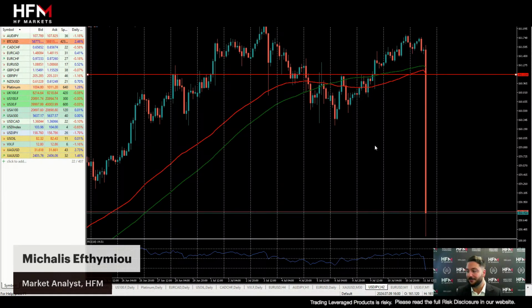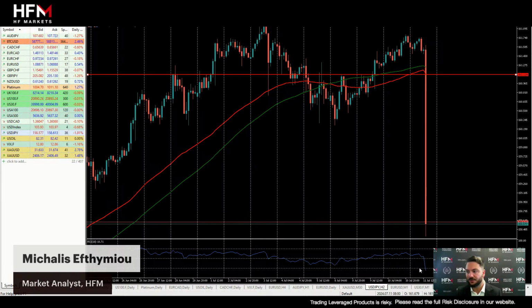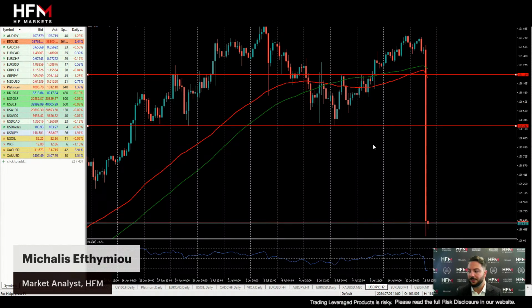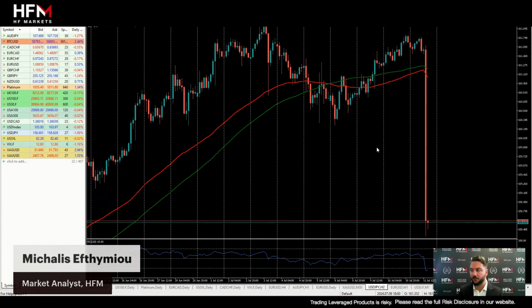So very, very big difference there. The price is oversold. That's understandable, to be honest with you, because that is a very large downward impulse wave. We're far below the previous low as well. So it's definitely understandable that it's oversold.